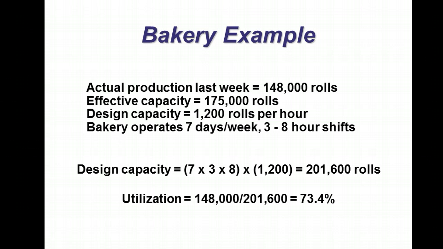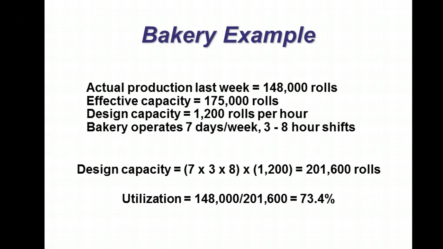So here, they're doing utilization in this case, which is measured against design. Utilization here is 73.4%. That doesn't sound great, because to get that utilization you're using the actual output divided by the theoretical output.